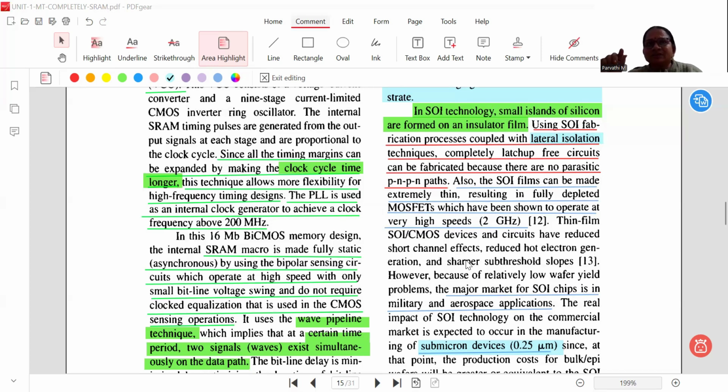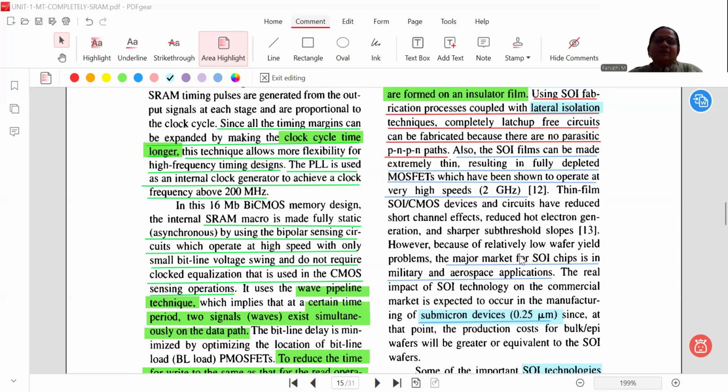A short channel, in the sense that as the channel is shrinking, the depletion layers between source and drain come closer, indicating punch through, or more current than the required amount flows due to breakdown. All these come under short channel effects. That short channel effect will be reduced in this SOI technology, and hot electron generation is also reduced.